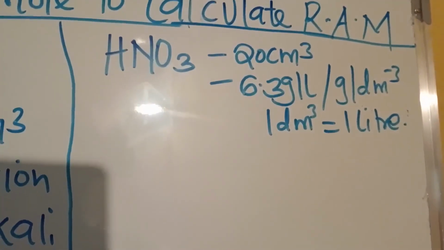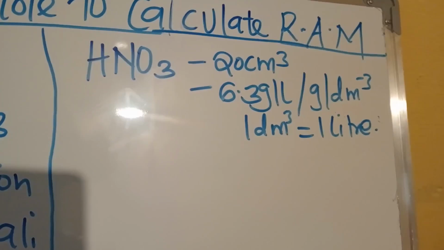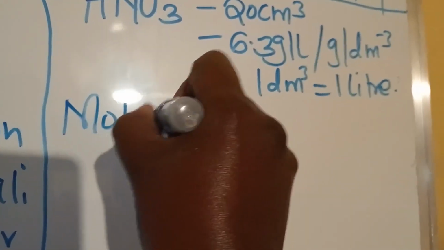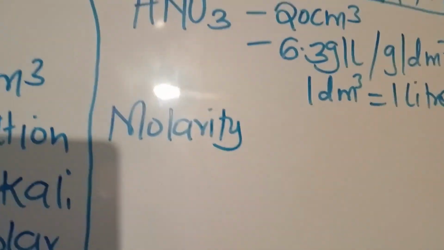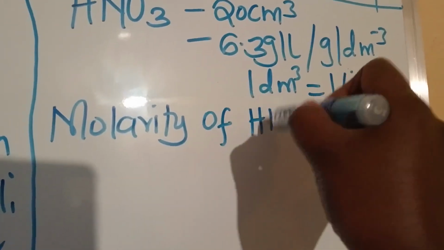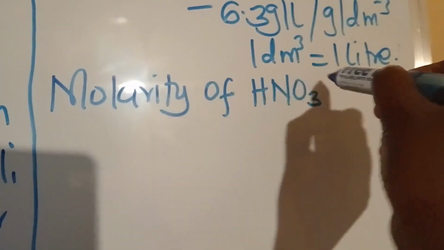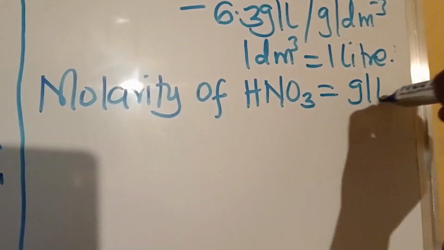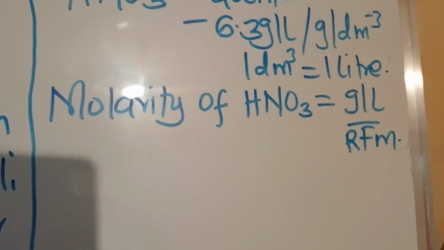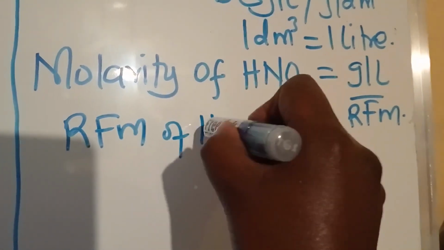So from that, what has been given for nitric 5, there is only one thing that you're able to calculate first, which is molarity. Molarity of who? Molarity of nitric 5 acid. So molarity is usually calculated as gram per liter over the R.F.M. Are we able to calculate R.F.M of nitric 5?